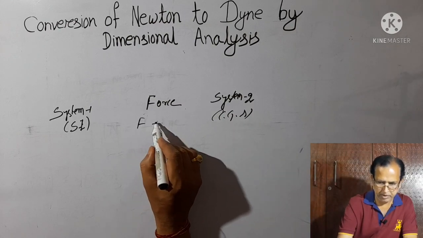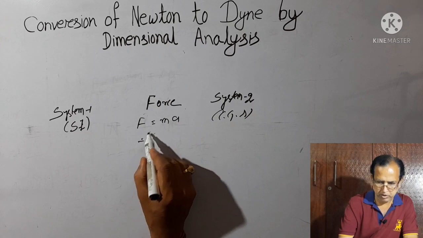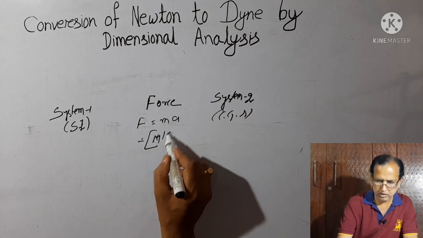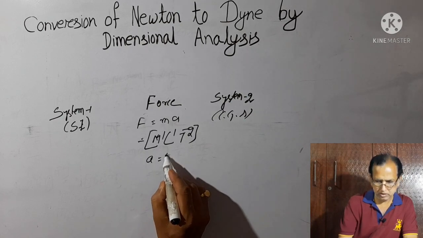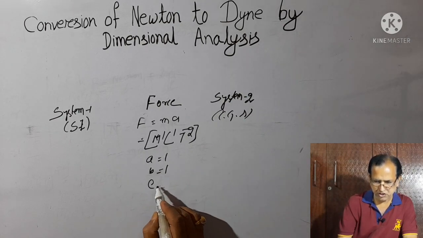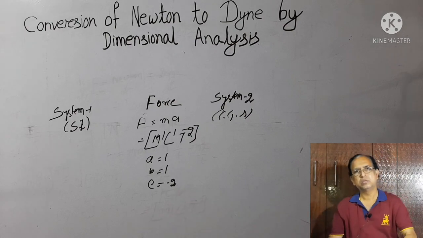Force F is equal to ma, dimension formula is M1 L1 T minus 2, that means a is equal to 1, b is equal to 1, c is equal to minus 2.